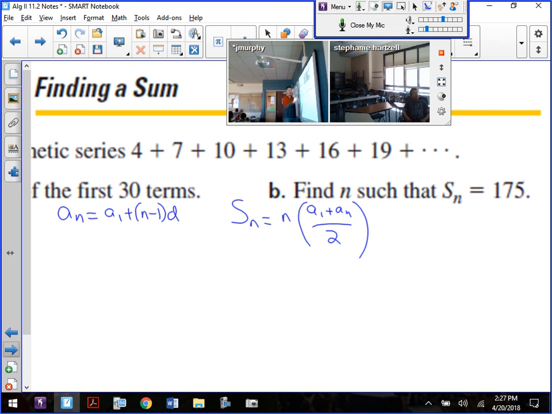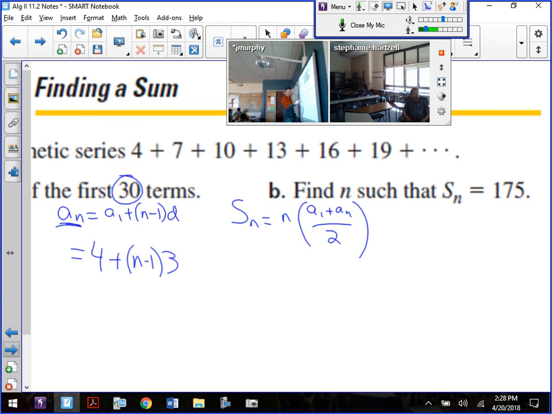I need to find 30 terms, but first I'm going to figure out the rule for the nth term. I start with my first term, which is 4, plus n minus 1. What's the common difference in this one? It goes up by 3. So now I write out the equation.